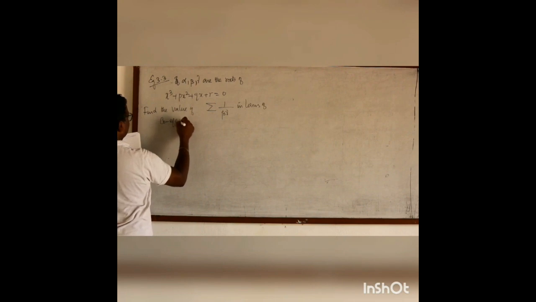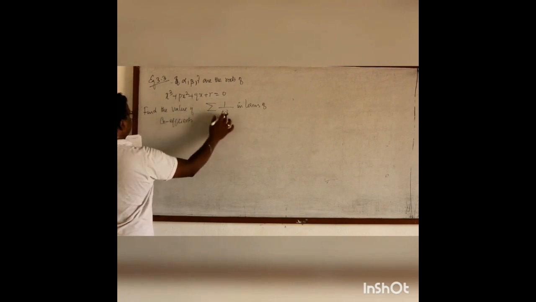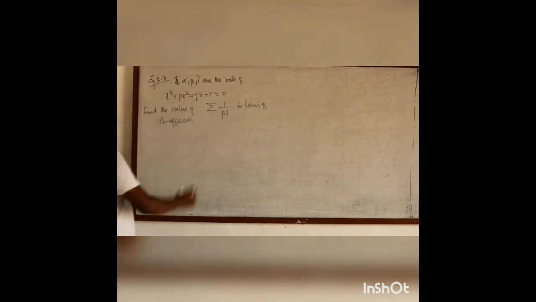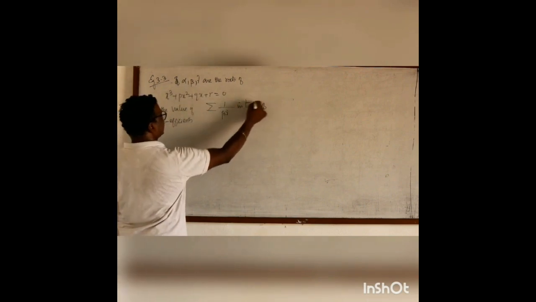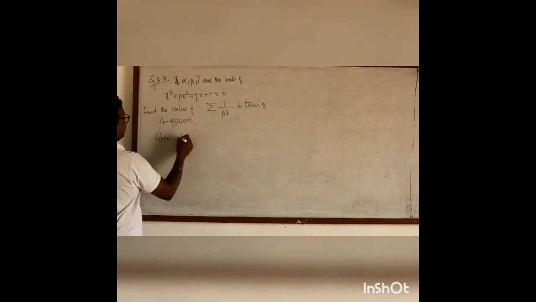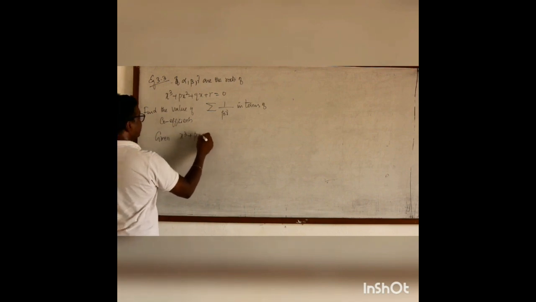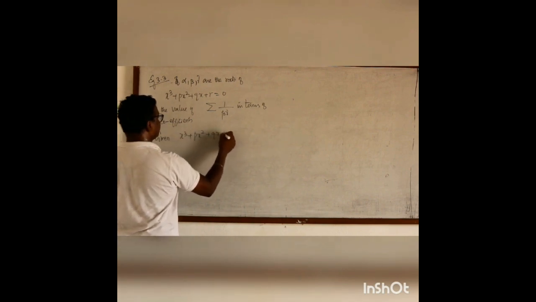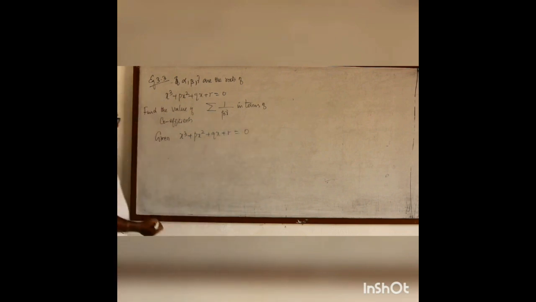That means I have to find the sum of the product of 2 elements in terms of p, q, r, in terms of coefficients. Given x cube plus px square plus qx plus r equal to 0.